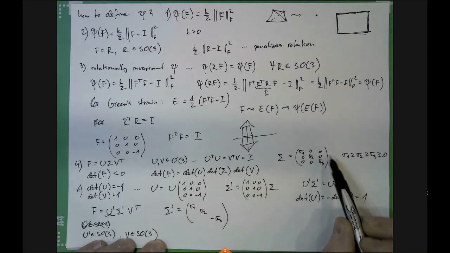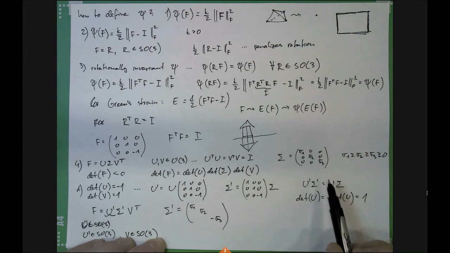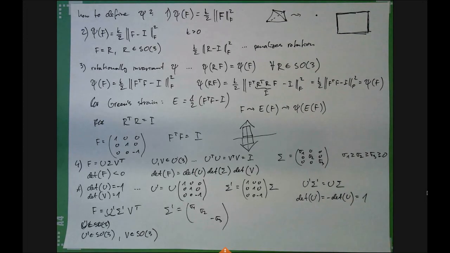So that means that the last sigma got multiplied by -1. And here is where I see the inversion. If I get the last element negative, this essentially reveals that something got inverted there. And then the U prime and V tell me in exactly what coordinates they got inverted.